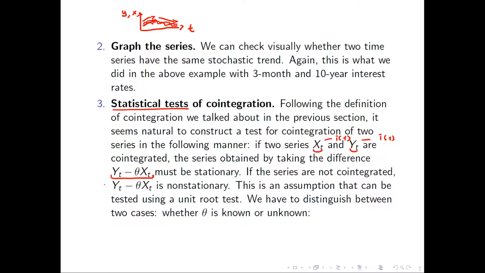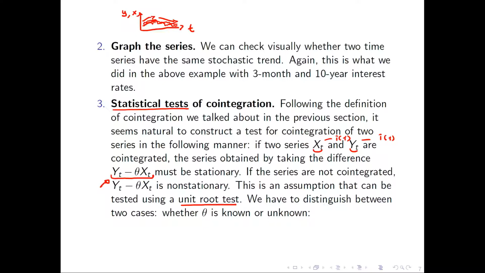And if this new variable, this difference variable, is stationary, then these two series are co-integrated. If these two series are not co-integrated, then this difference would be non-stationary. And you already know how to test for non-stationarity, and you can do that with a unit root test, for example, the augmented Dickey-Fuller test.